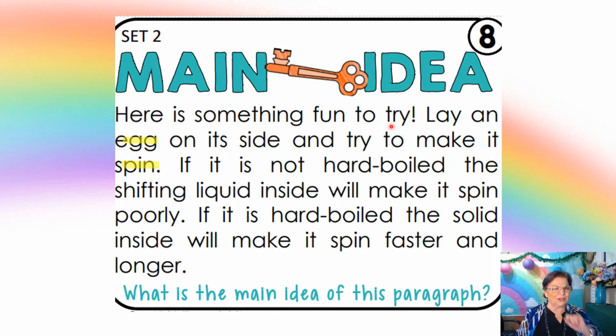Remember I told you the topic sentence isn't always the first sentence, just a lot of times. Lay an egg on its side and try to make it spin. I wonder, remember how the other one had egg and spin a lot? Let's see, there's spin, there's hard boiled, so there's hard boiled, and there's spin. You have, and the it is the egg.